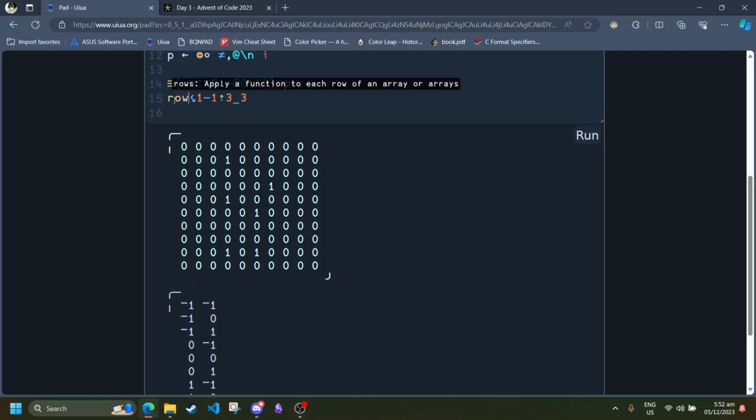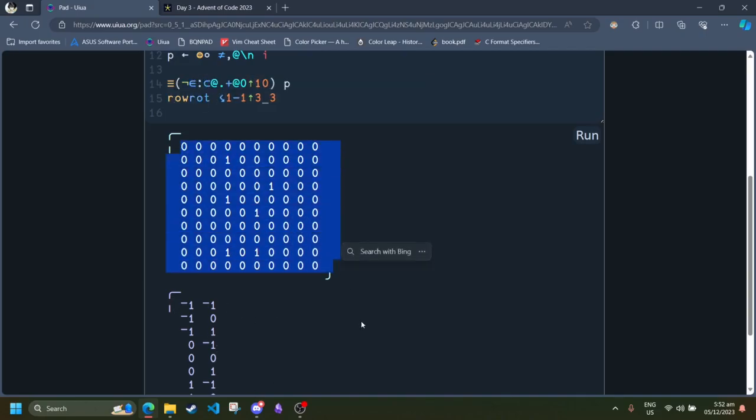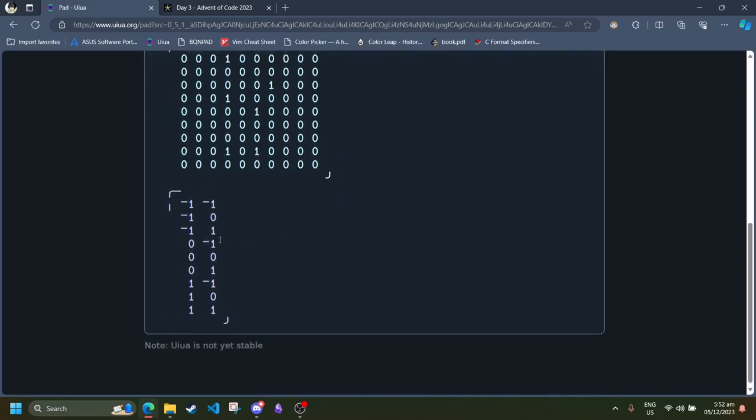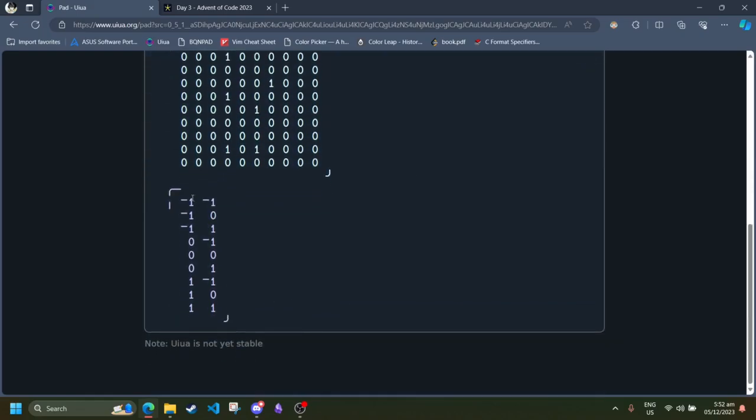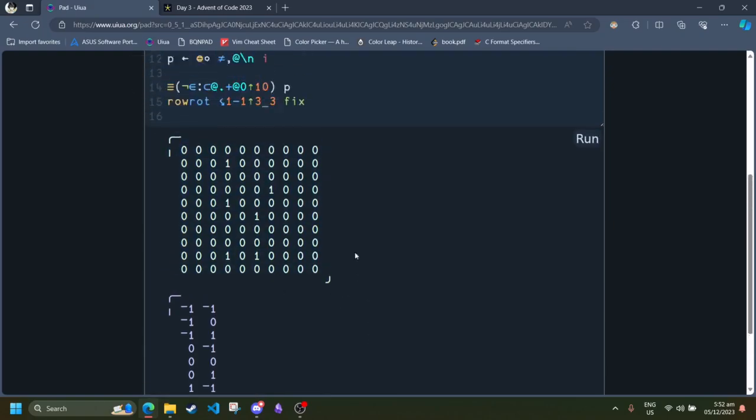Okay, we can use this to rotate. If we do a row rotate using this over this array, but since we don't want to do this by rows, we have to fix our first array. This makes it so that our rotations apply to the entire matrix.